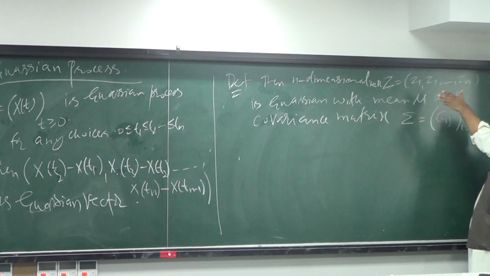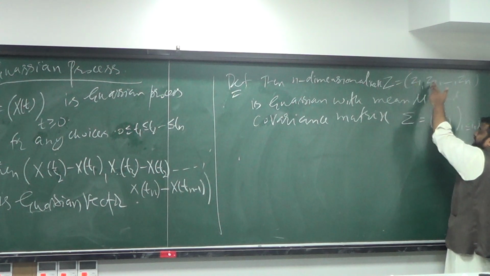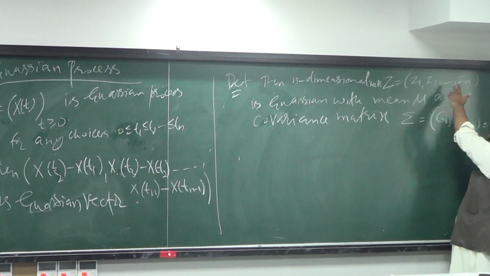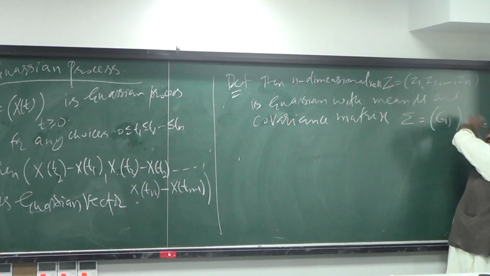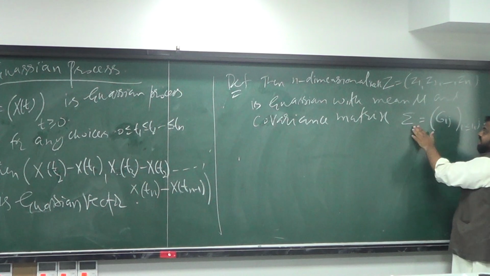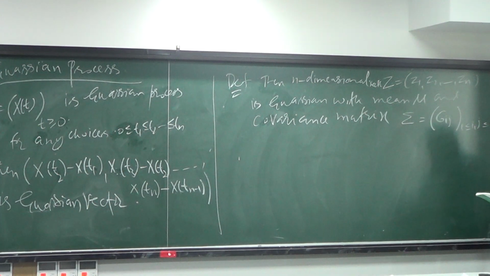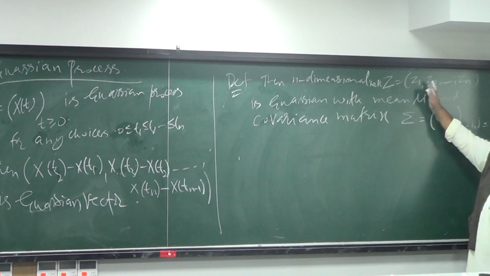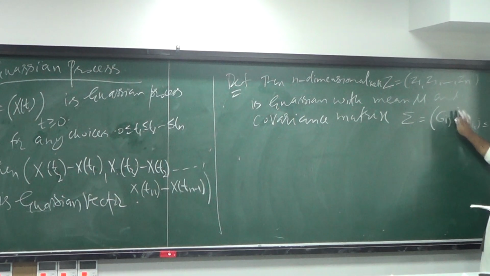Okay. So if you compute, for example, the covariance of Z1 with Z2 and Z1 with Z3 and all that, then you make a matrix out of it. You call that matrix the covariance matrix. So make all possible pairs, compute the covariances, and make a matrix out of it.